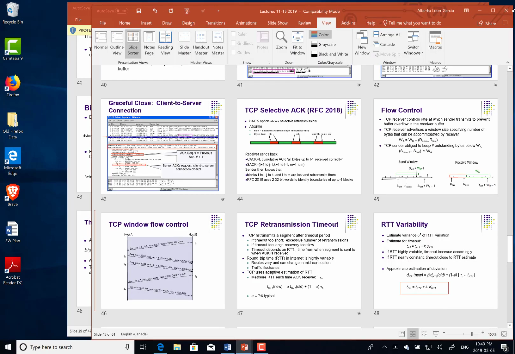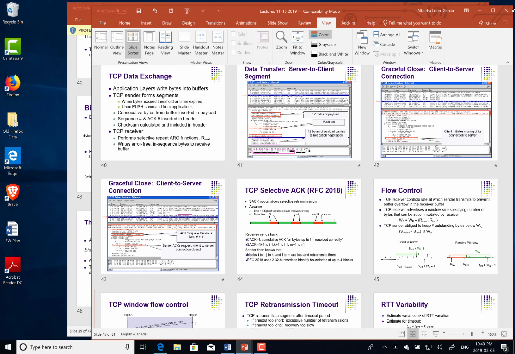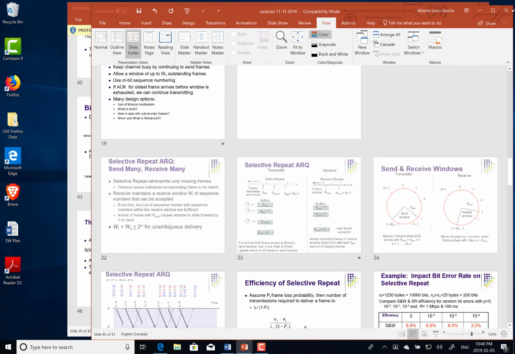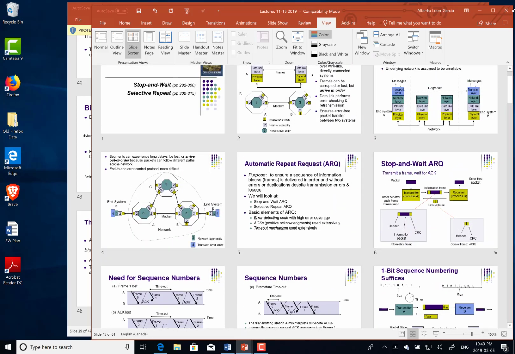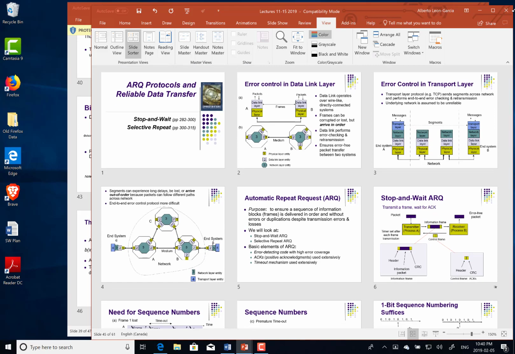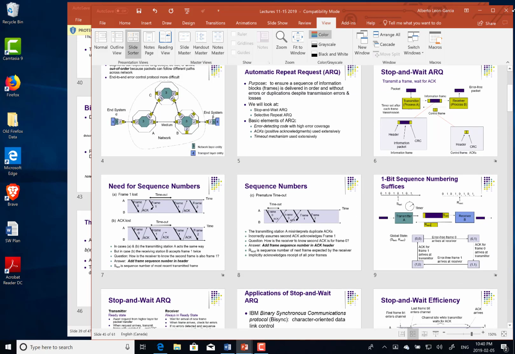Most recently, we've been looking at ARQ. Basically, ARQ assumes that you've got checksums that are effective. In other words, you're using one of those error control techniques that's effective.